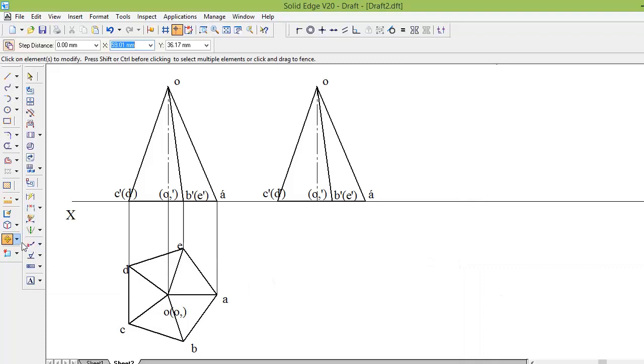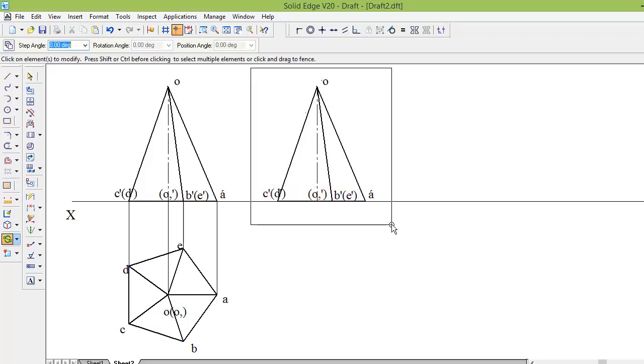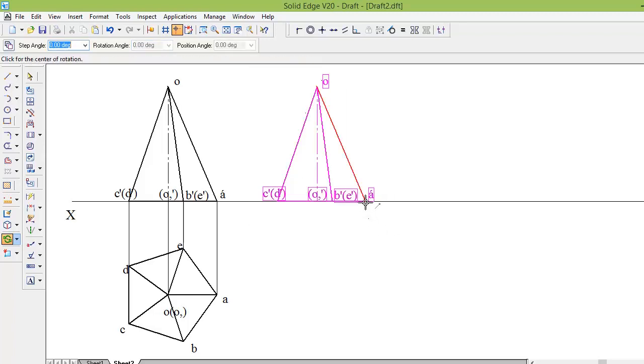So now go to rotation command, select this.